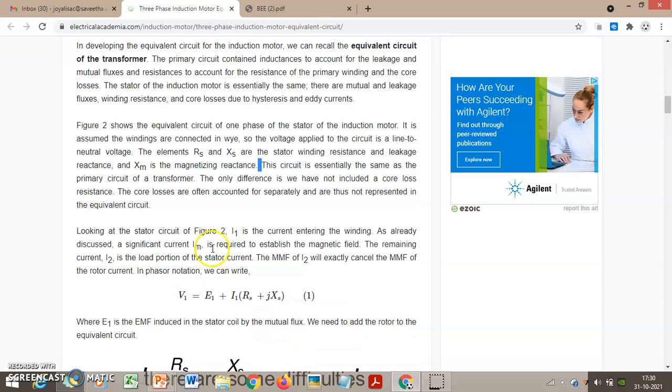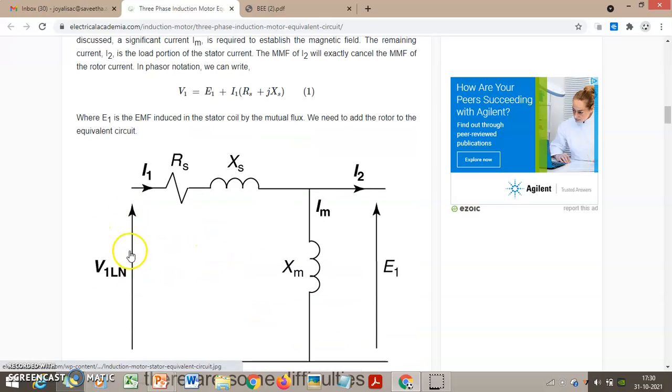Looking at the stator circuit, we can easily draw this. We are supplying an input, which can be taken as V1, the voltage supplied to the stator side. There are three components: Rs, Xs, and Xm. Let the current flowing through the stator side be I1. Let me write the equation like this.